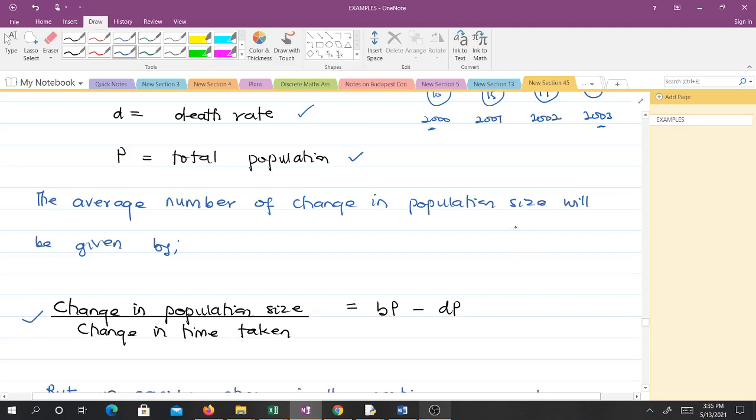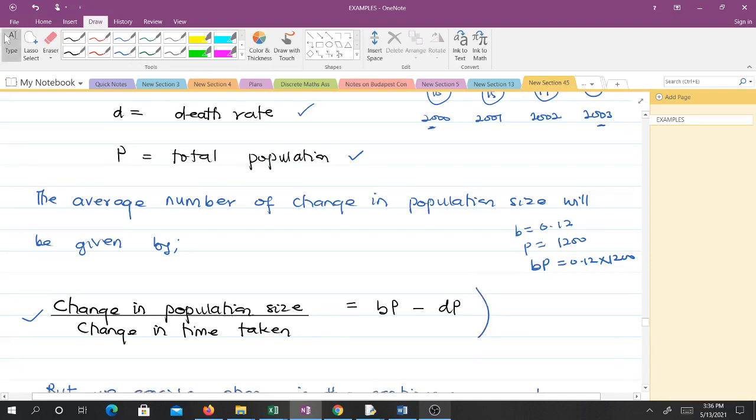For instance, if the birth rate is 0.12 and the population is 1200, the number of people who were born will be the birth rate times the population, which is 0.12 times 1200. So the change in population size over change in time taken will be equal to the number of people who were born minus the number of people who died. That will be the change in the population.